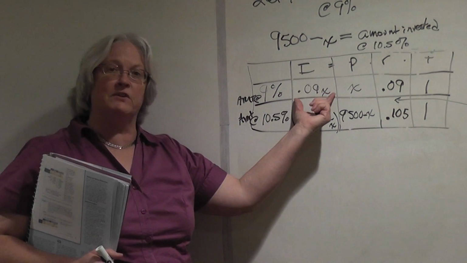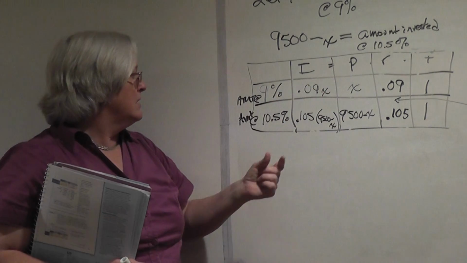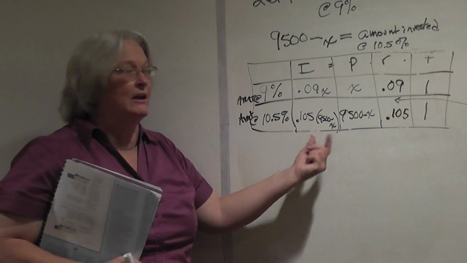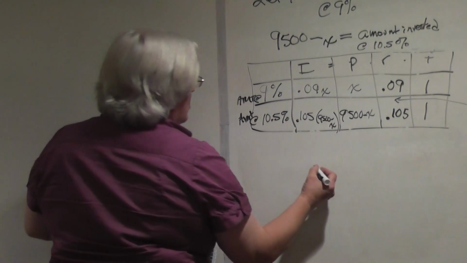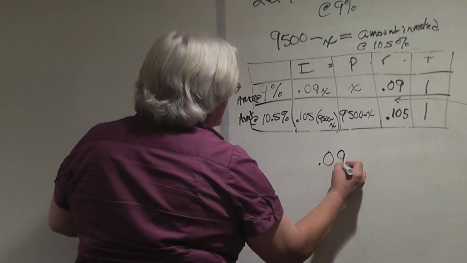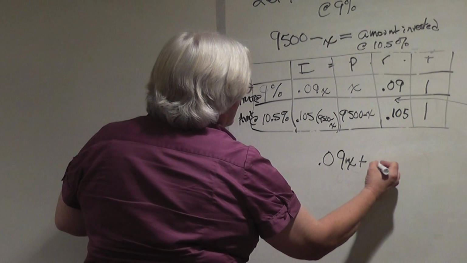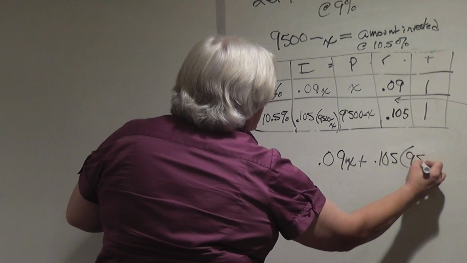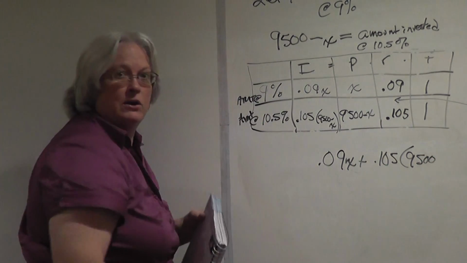So if we take the amount of interest that he earned at 9%, the amount of interest that he earned from his deposit that was made at 10.5%, those two quantities added together is going to give to us the total amount of interest that he earned.